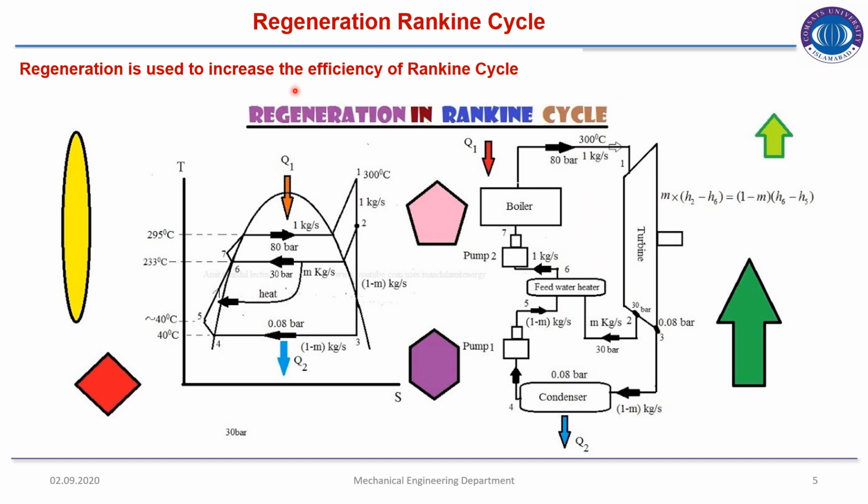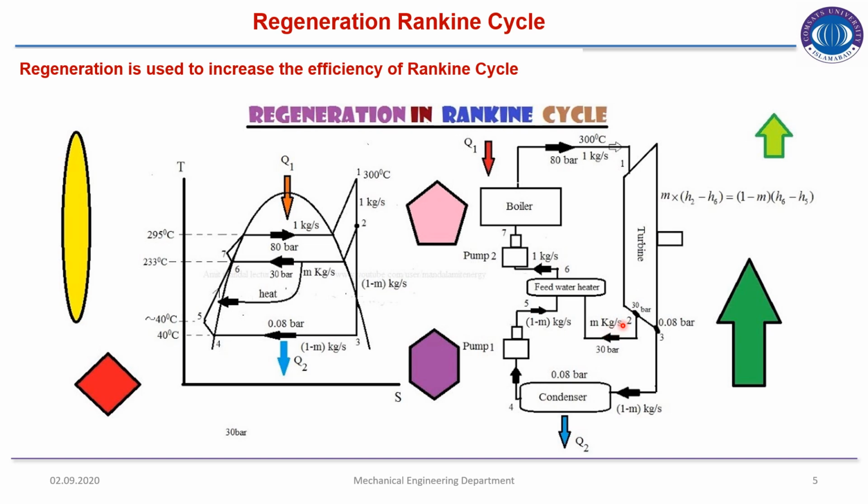Now here we will discuss what process is done in regeneration. In the regeneration process, there is a process known as bleeding. Here we put a small hole in the turbine and extract some energy. This process is known as bleeding, to extract energy from a small hole. Suppose 1 kg of steam is entering the turbine.